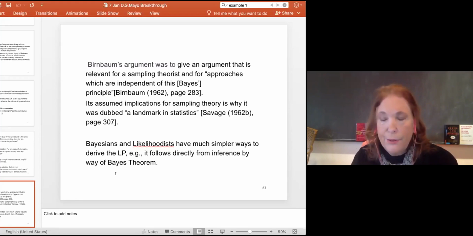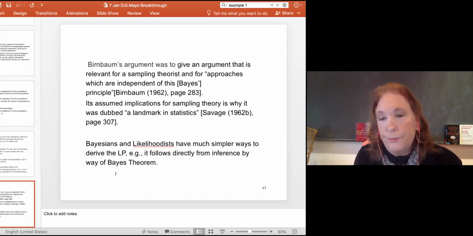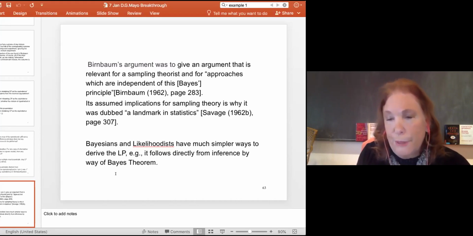If you don't have a copy, I can send you the links to the first excursion that shows this. So it follows from inference by way of Bayes' theorem that if you have an LP pair, the two are evidentially equivalent, at least with respect to inference about the parameter and all of that. Given the model, all the givens, yeah.